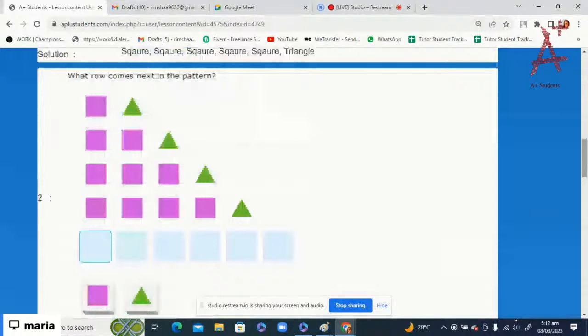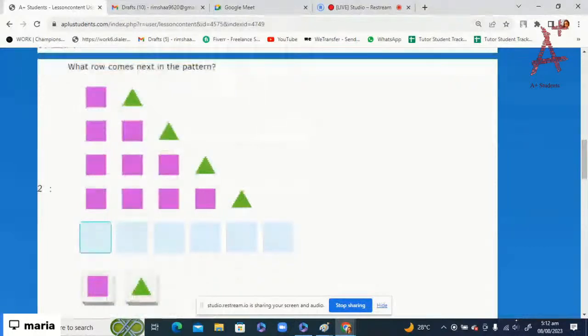Okay, let's check this one. What row comes next in the pattern? You think about it and then tell me what row comes next. Look here, here is a square, then a triangle, one square. Is the number of squares increased or the number of triangles? Obviously the number of squares is increased here. It is 2.